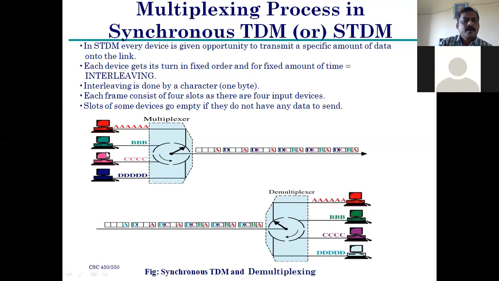Next, user B has 3 characters of data, user C has 4 characters, user D has 5 characters of data, and there are 5 slots of data.